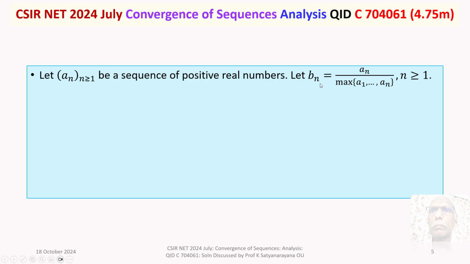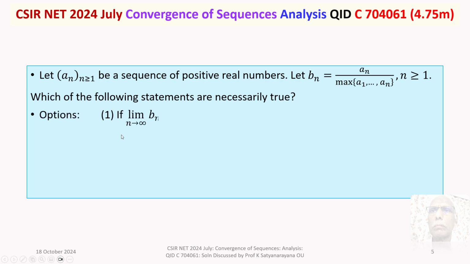So b_n is defined as a_n, the nth term, by the maximum of the first term, second term, ..., nth term, where n is greater than or equal to 1. Which of the following statements are necessarily true? We are given 4 options.